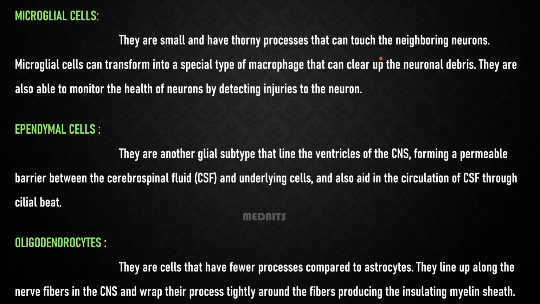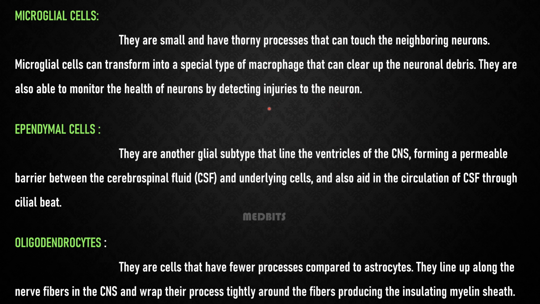They can touch the neighboring neurons. Microglial cells can transform into a special type of macrophage that can clear up the neuronal debris. They are also able to monitor the health of the neurons by detecting injuries to the neuron.